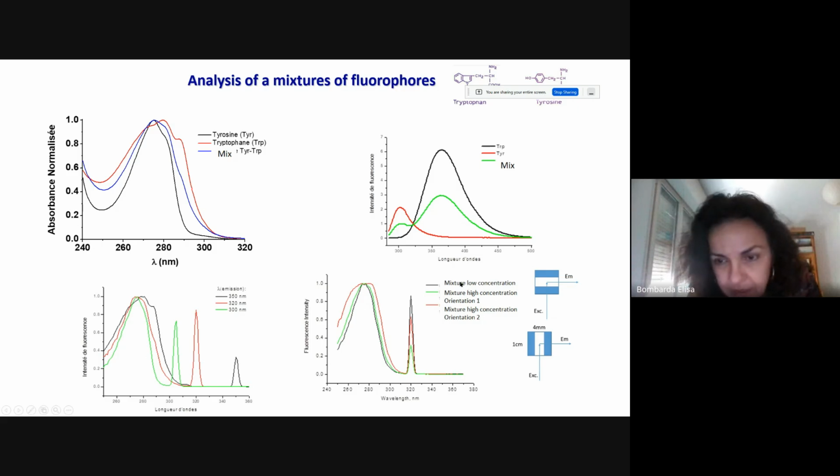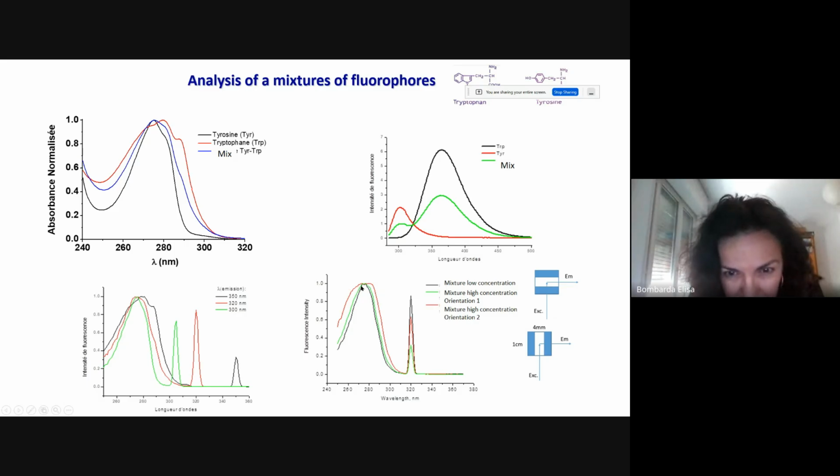Then I measured with the same high concentration, but with the cuvette in this way, where instead the inner filter effect is not minimized. And as you see, the spectra change in shape. And actually here it is also flat.